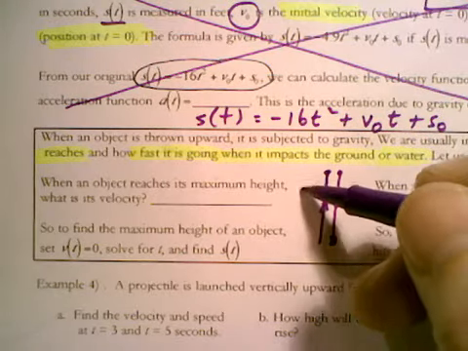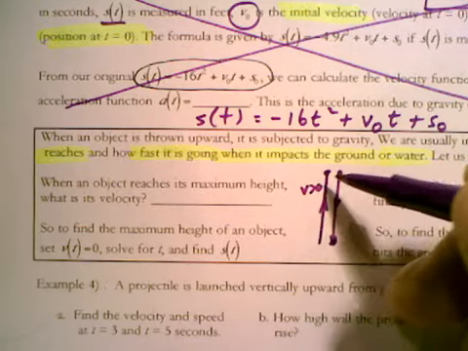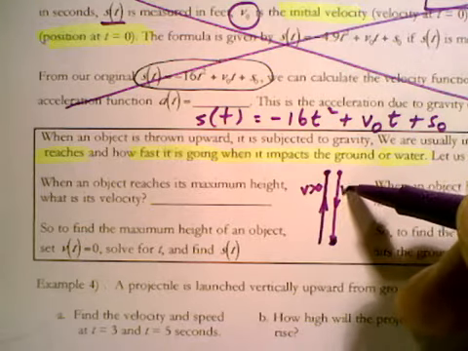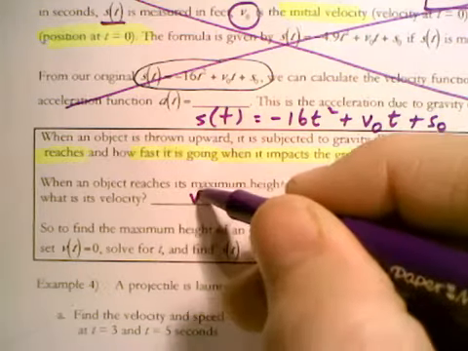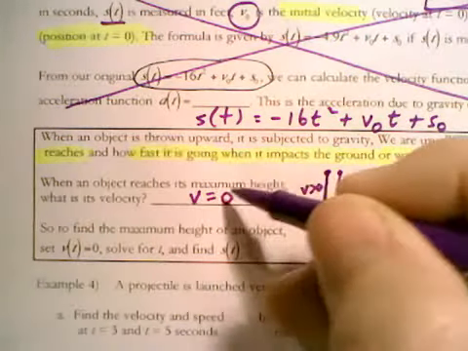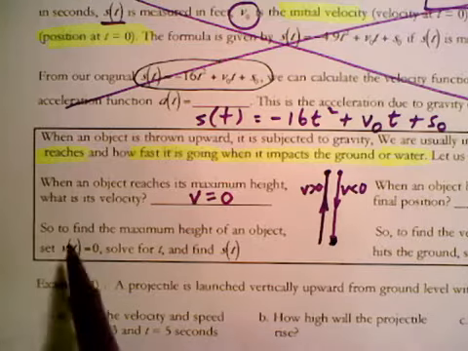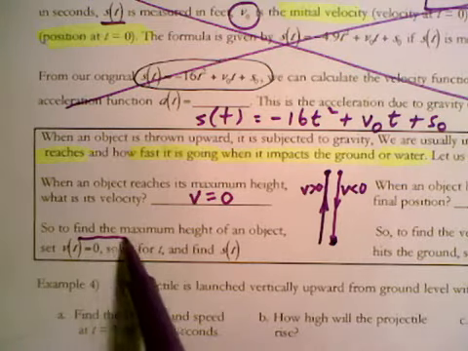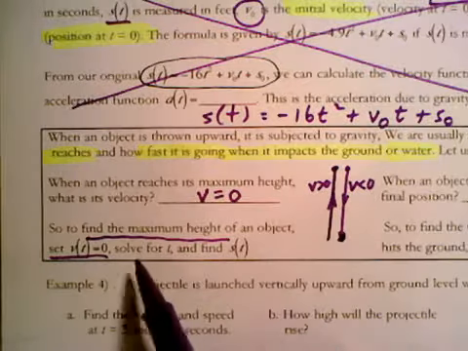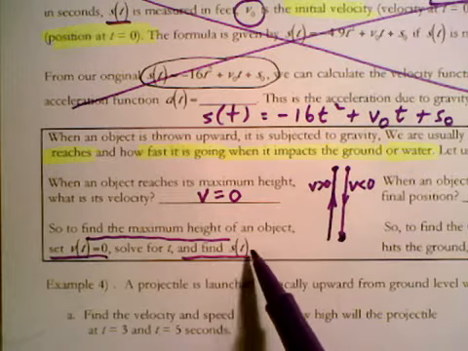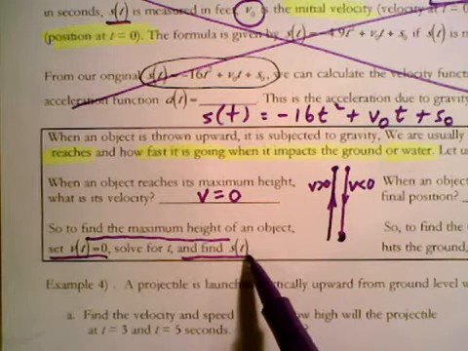Well, on the way up, the velocity is positive. On the way down, the velocity is negative. So in between, at its maximum height, the velocity must be equal to 0. Okay, and so to find the maximum height, you set velocity equal to 0, solve for t, and then figure out what the position is at that time.